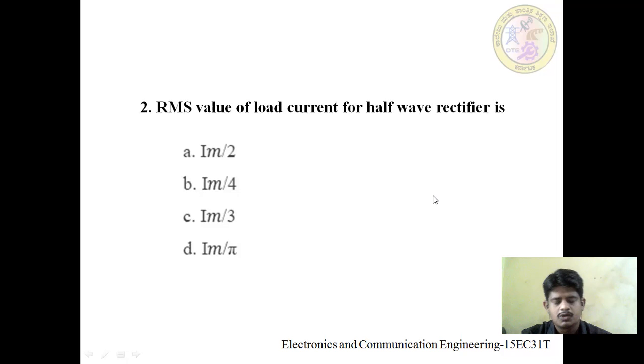Now, the second question is given as: the RMS value of a load current for a half wave rectifier is. RMS value means root mean square value of a load current, that is IRMS of a half wave rectifier. The options given are Im by root 2, Im by 4, Im by 3, and Im by 5. So, four options are given here for the question.